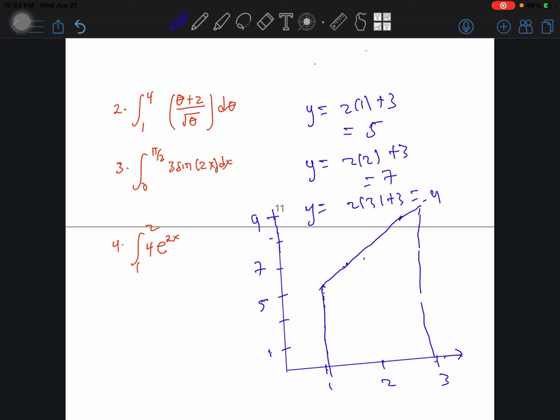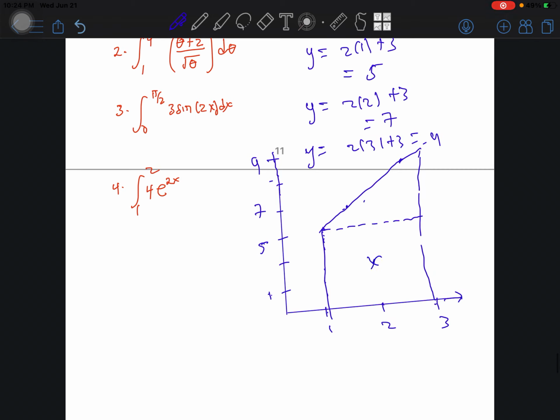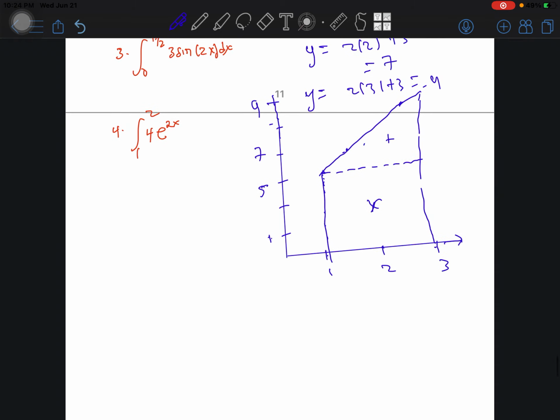This is the area we are looking for, but remember it's a combination of a rectangle and a triangle. So the area of the rectangle plus the area of the triangle gives the total area.